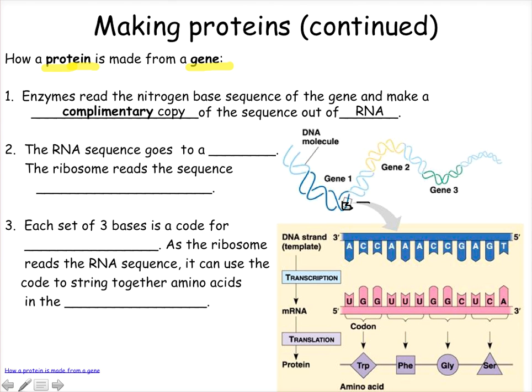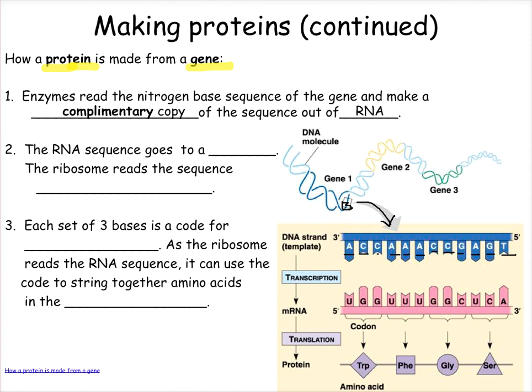So this picture here is showing you with this arrow, it's showing you one side of the double helix with its base sequence magnified. As the enzyme reads the sequence A, C, C, A, C, C, G, A, T, G, T. As it's reading down that sequence, it is going to be making a copy of that sequence.